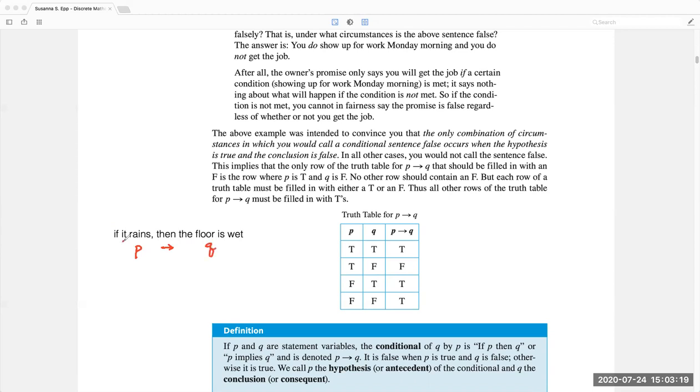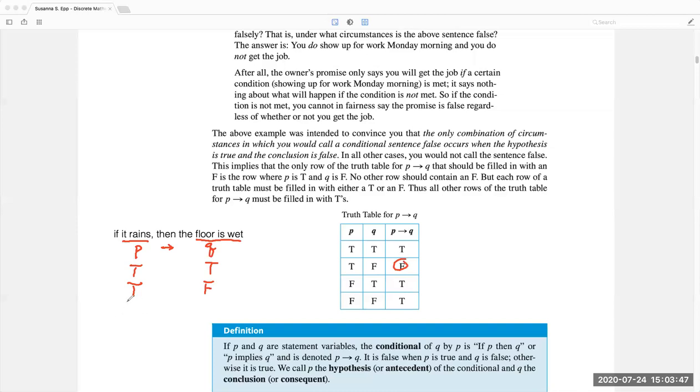So it rains is a statement P. Floor is wet is a statement Q. So let's say if it really rains, then the floor is wet. So that means this is logically valid. That is correct, okay, logically correct. So then if it rains, but the floor is not wet, then it is logically false, okay?